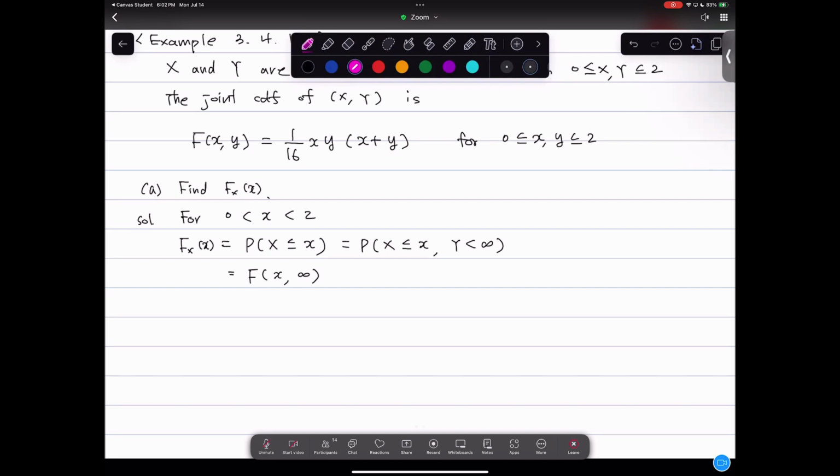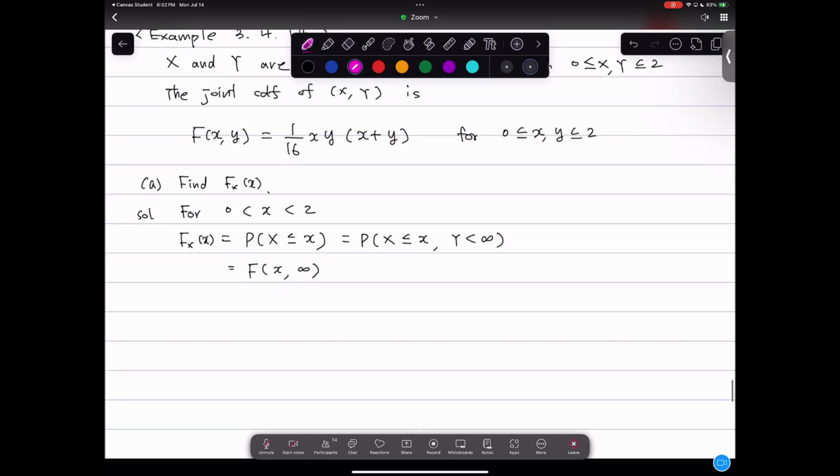So y is approaching infinity, but there's no probability after a y value of 2 or greater. So there's no adding probability after 2. Approaching infinity doesn't really matter.